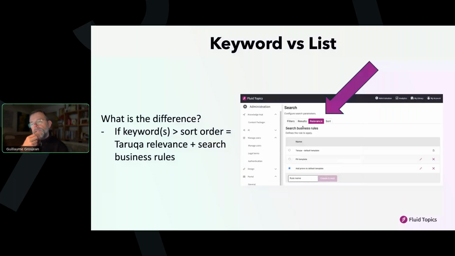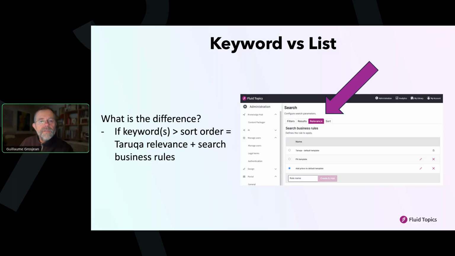In both cases, it's possible to have very precise control over the sort order of the list. If you have keywords, the sort order is the one defined in the Relevance tab, here in admin, portal, search page, and the tab is called Relevance.